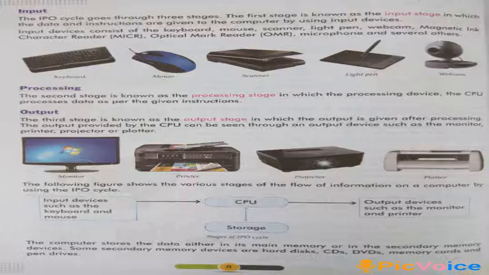The following figure shows the various stages of the flow of information on a computer by using the IPO cycle. Input devices such as the keyboard and mouse, CPU, output devices such as the monitor and printer.